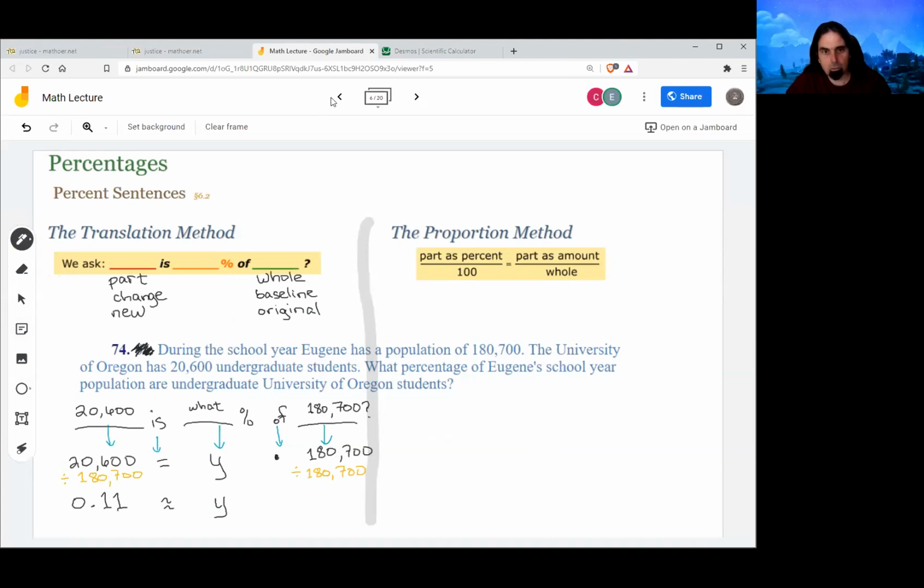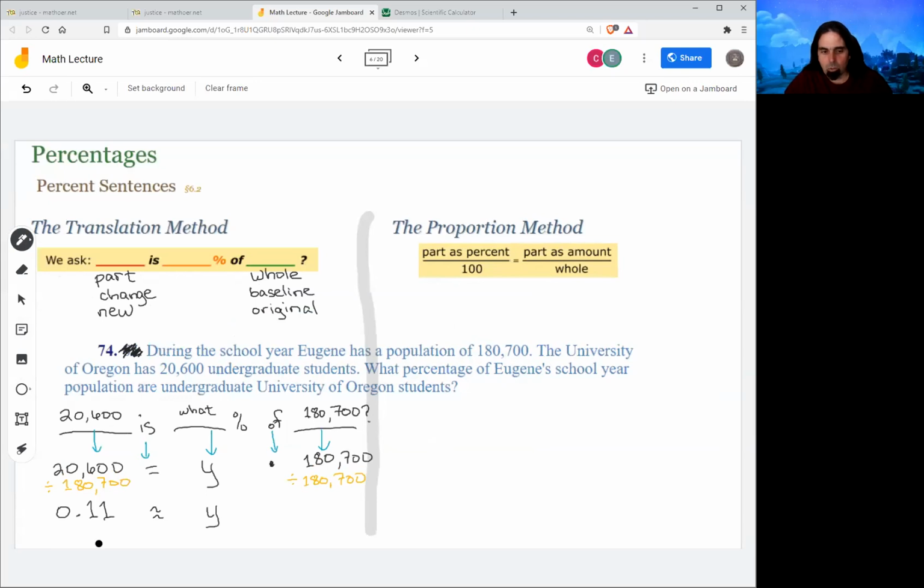I'm going to make this a little taller in case it's too close to the bottom of your screen. I'm not quite done. 0.11 is a good answer, but what do I have to do? Yeah, it asked for a percent, so I need to give it a percent. So write it as a percent. And we get 11%.